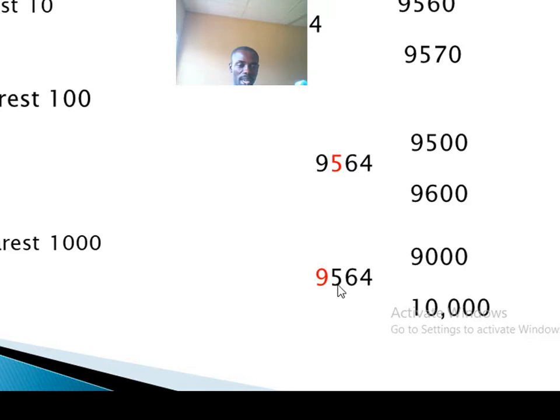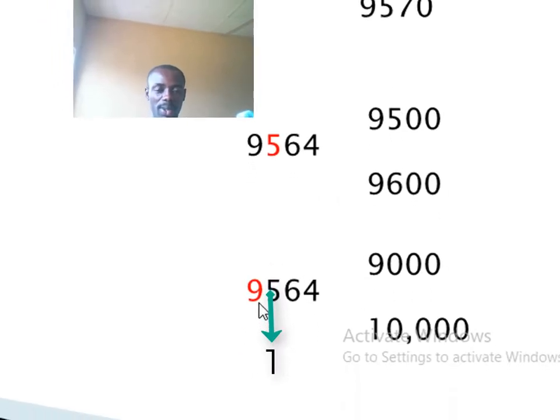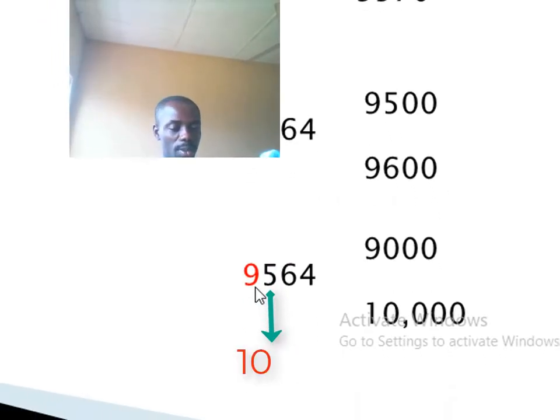Good. Now here is 5. Approximating 5 makes it 1. When you add 1 to 9, what is it going to become? It's going to become 10, and every other number thereafter becomes 0. When you compute that, what do you have? If 9 becomes 10 and every other number here becomes 0, you have this, not this. So 10,000 is the answer.